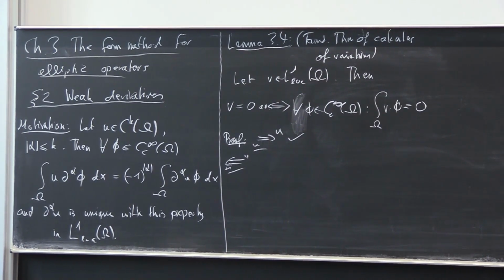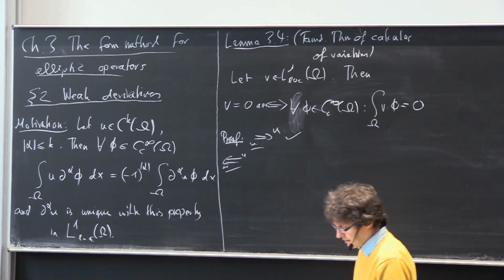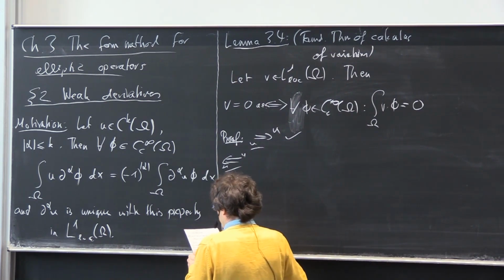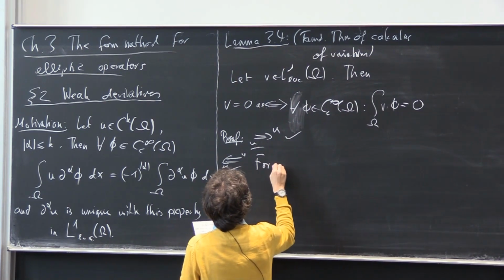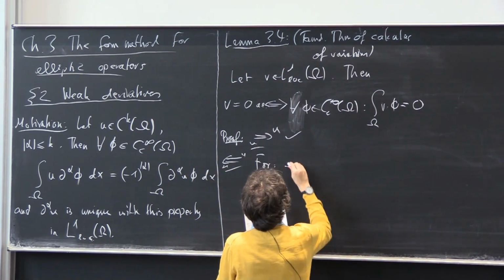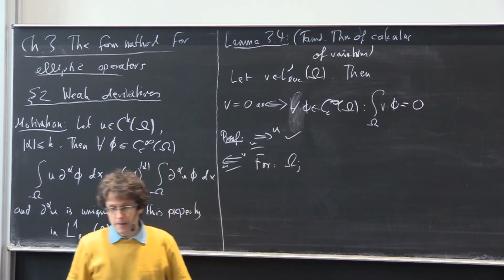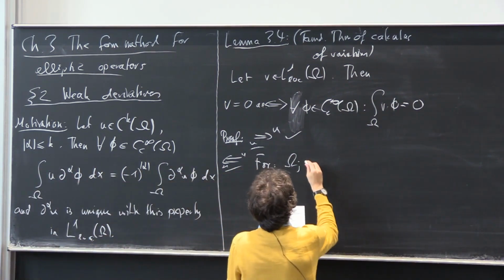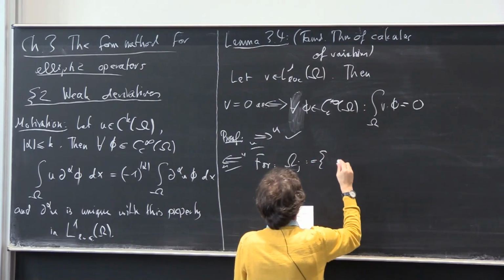If the domain, this omega, is unbounded or has a bad boundary, we have to care for this. So we have some auxiliary domains, omega j, since close to the boundary we could have problems.